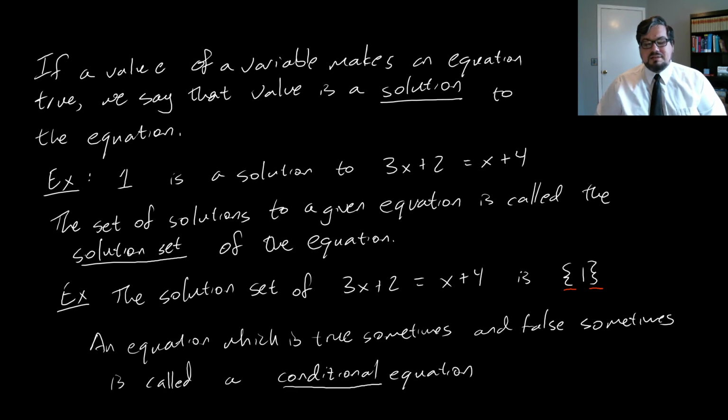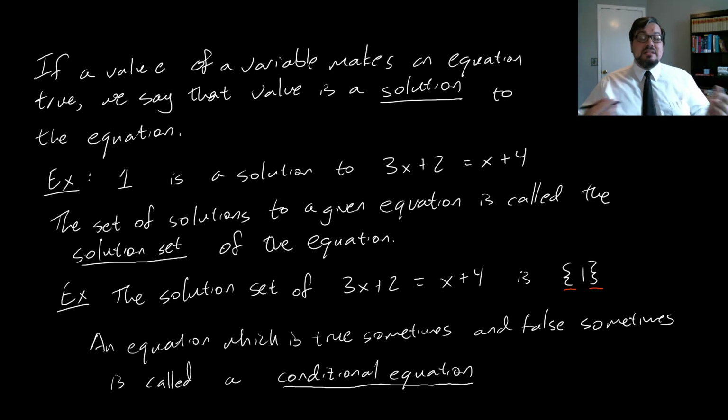And that's because the truth value of the equation is conditional. It depends on something. It depends on the value of the variables involved. So an equation which is true sometimes, false other times, is called a conditional equation.